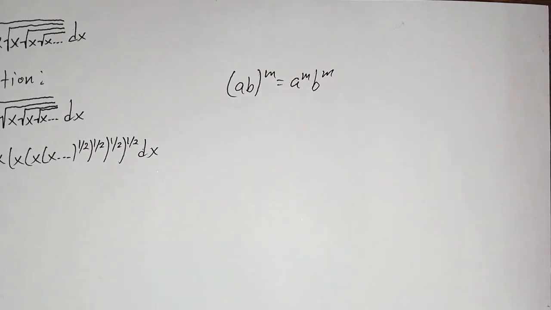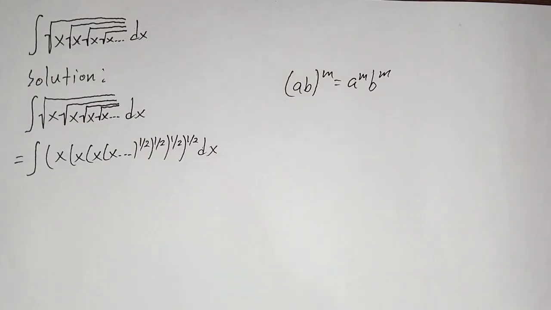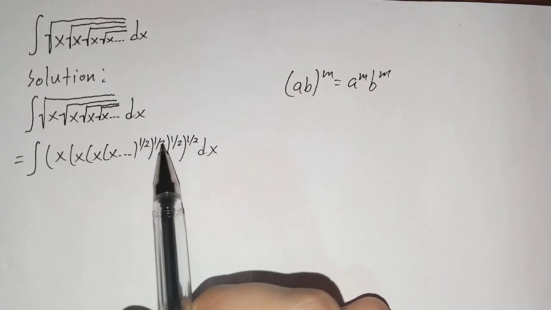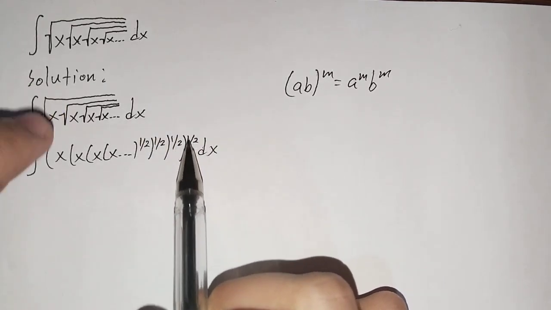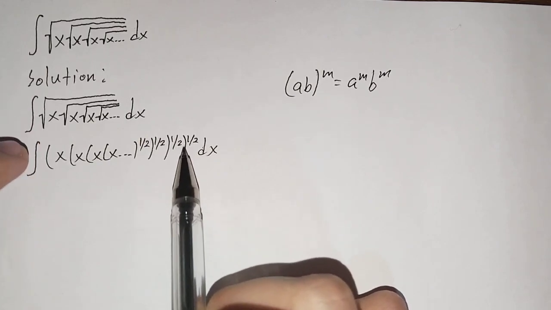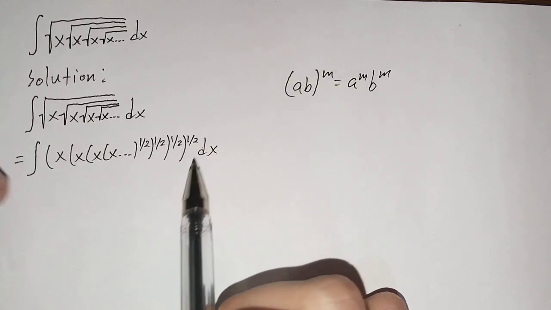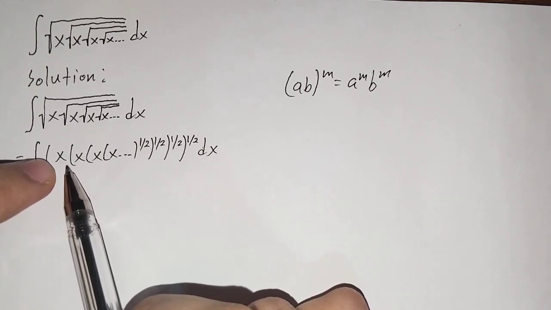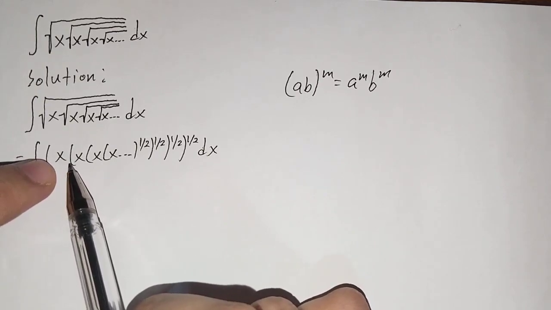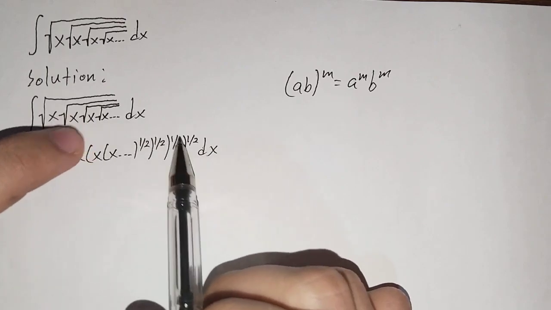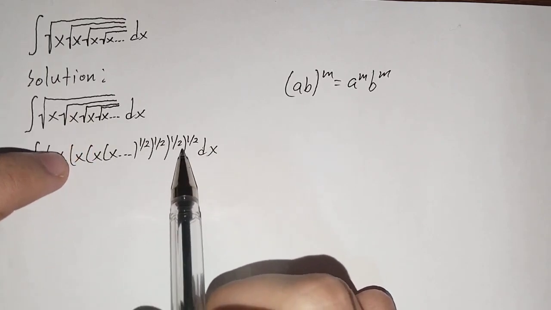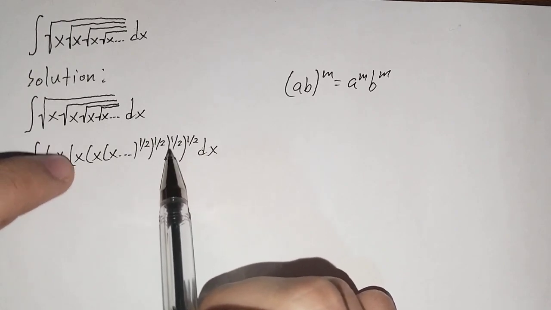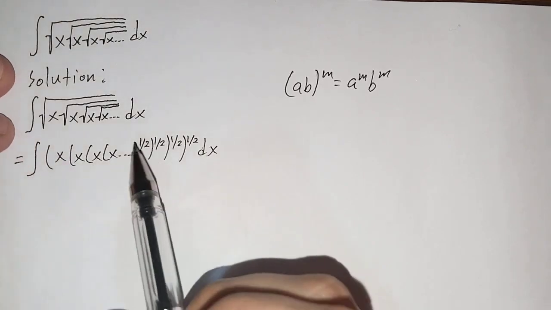Now, if we take a look at our integrand, we have here two variables being multiplied within this first square root, in which our first term is x, and our second term is this infinite product, or infinite nested radical.